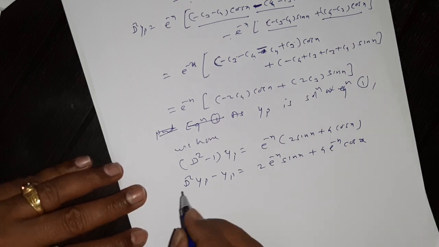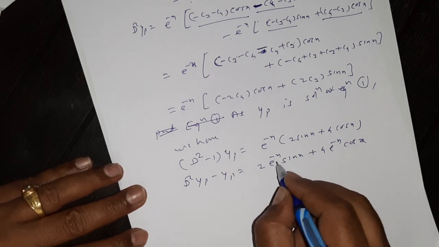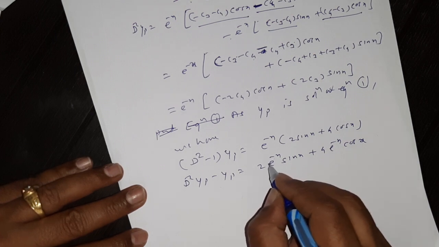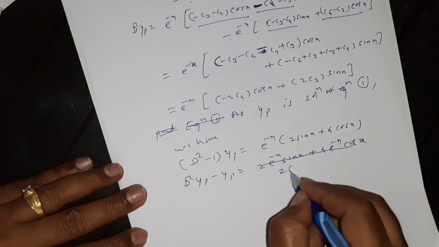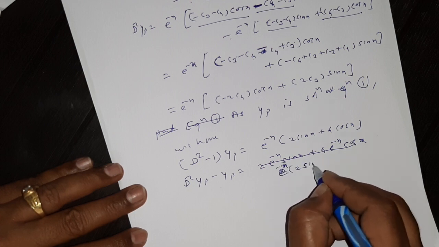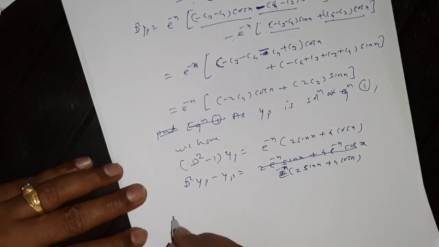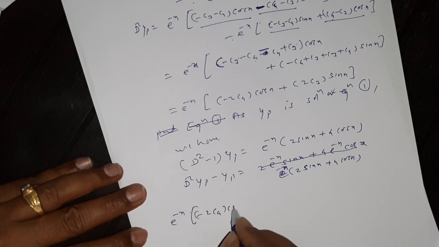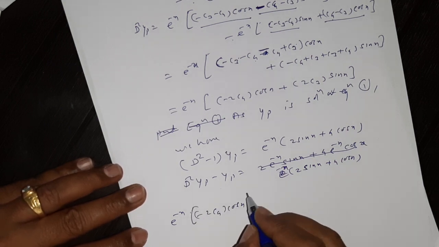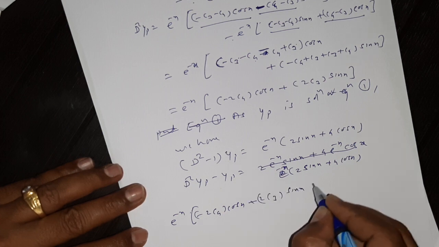And D square yp is this. So the right side remains as it is, e raised to minus x (2 sin x plus 4 cos x). And then D square yp is e raised to minus x in bracket minus 2c4 cos x plus 2c3 sin x, minus yp.